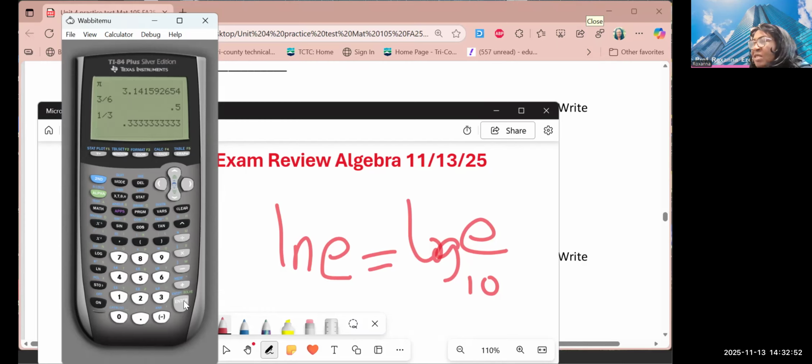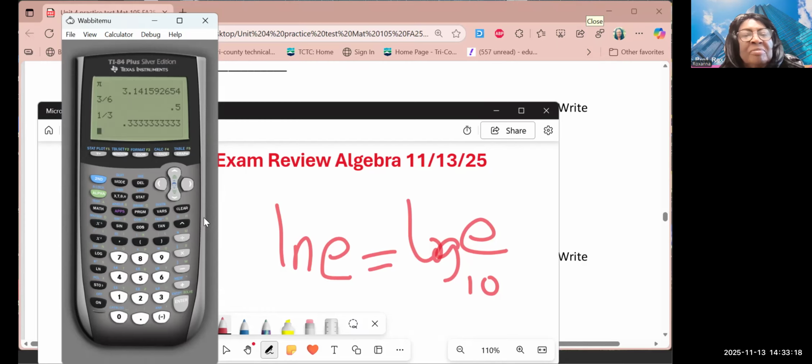So 1/3 is a rational number, because the decimals are repeating. So you should be able to differentiate rational numbers and irrational numbers and show an example, because it's already in the final exam.